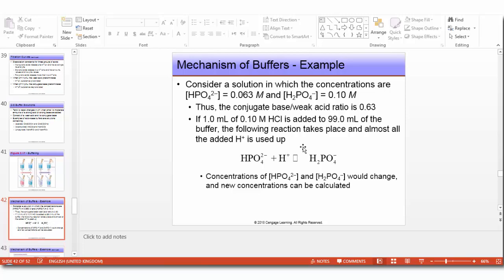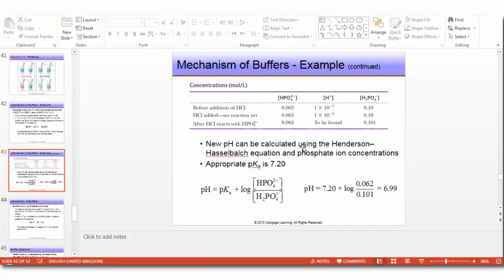Now the concentrations of the conjugate base and the acid would change, and the new concentrations can be calculated, as summarized in this table. Before addition of HCl, the concentration of the conjugate base is 0.063 molar and of the acid 0.10 molar, and this is the contribution by water: H plus that comes from the hydrolysis of water is 1 times 10 to the minus 7 molar.